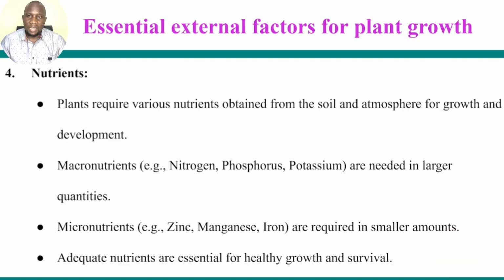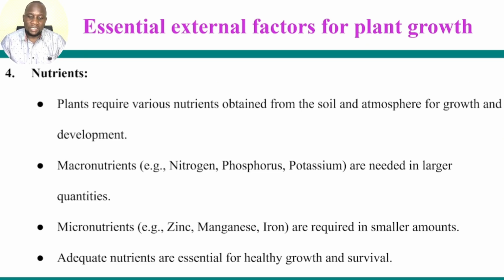Nutrients. We have seen that in different processes, nitrogen is needed for the vegetative phase of plant development. You also saw that phosphorus and potassium are needed in the flowering phase of the plants.